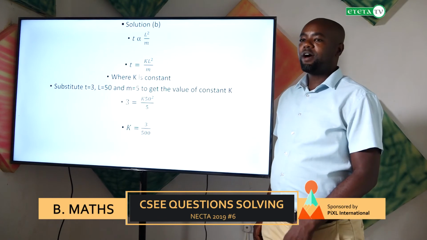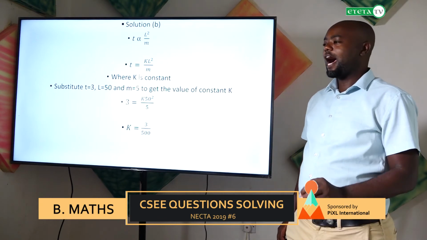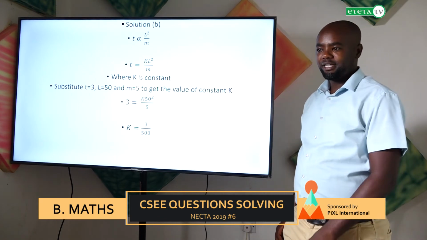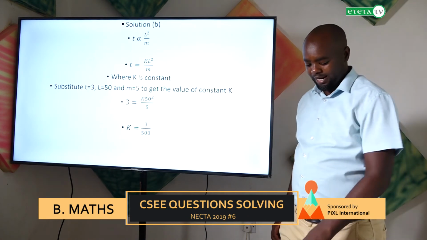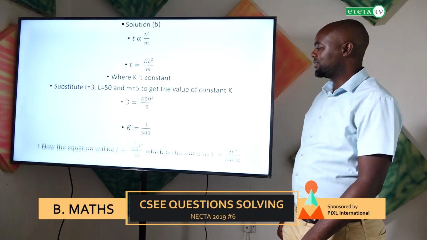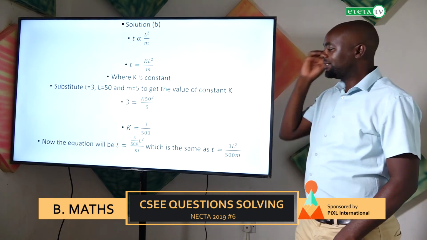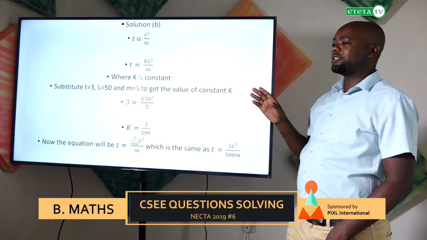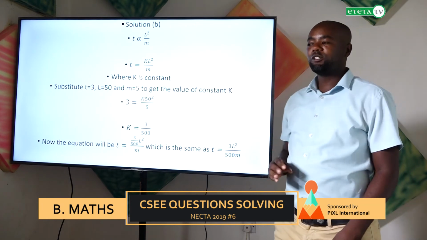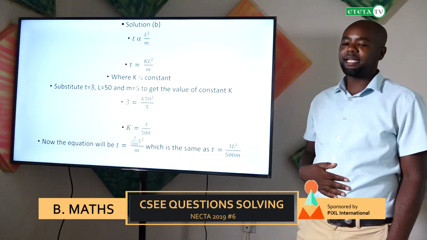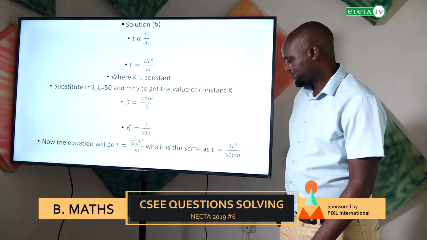Then you are asked how many more men can do the same work, with the same energy, everything equal. Then you have been given the values of T, which is time, and L, the same. You are asked to find M, for the second case.